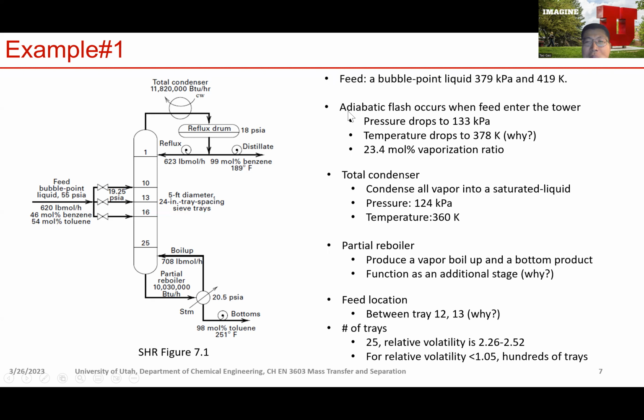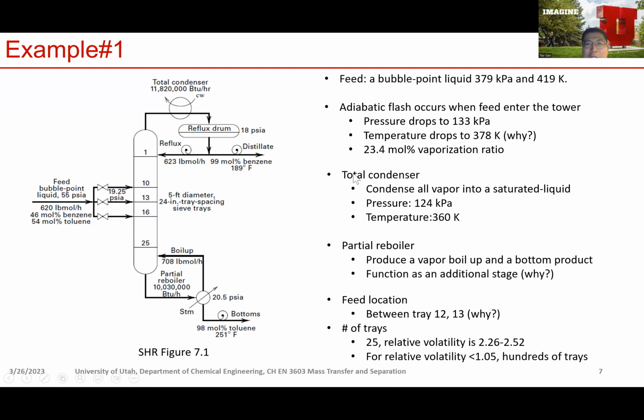For adiabatic flash, there's no energy input or output during the flash process. Since we have a pure liquid, as it vaporizes, the energy for the vaporization comes from the liquid itself. So the temperature of the liquid needs to drop to supply that energy. And we can actually compute the vaporization ratio, which we've talked about in the adiabatic flash process.